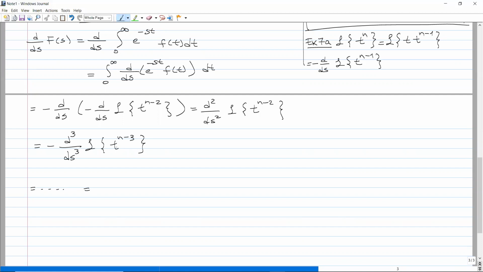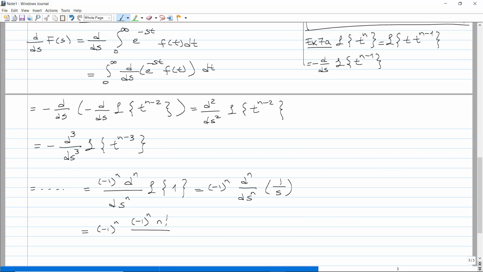If you keep going like this, to get the constant 1, I need to take the antiderivative. So minus 1 to the n, the n-th derivative with respect to s, and inside I get the constant function 1. So I have minus 1 to the n, the n-th derivative of the function 1 over s, but this is n factorial over s to the n plus 1.